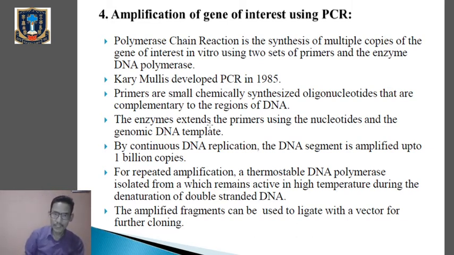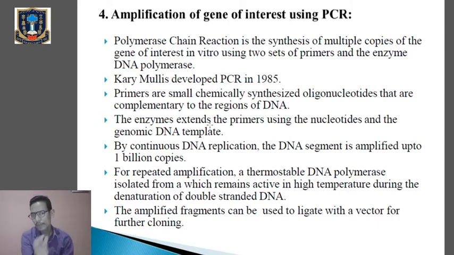PCR. Okay, so mainly what we have done, we have extracted the DNA in its pure form. Then we have applied restriction endonuclease enzyme, which will make fragments of DNA. Now those fragments of DNA will be separated with the help of agar gel electrophoresis.